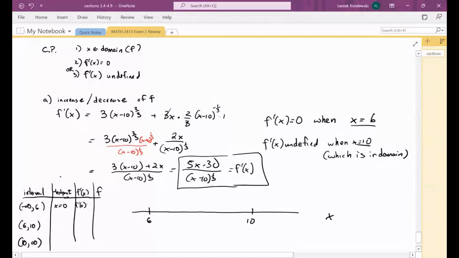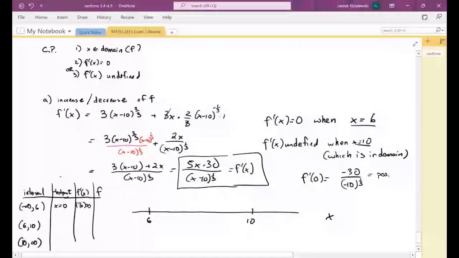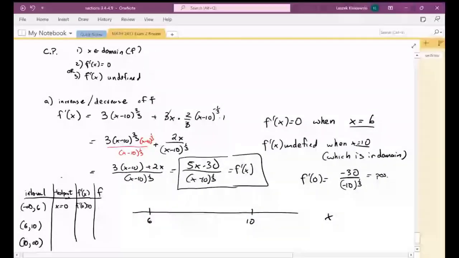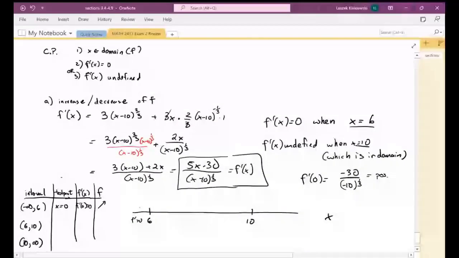Cube root of a negative number is negative. So that's going to be a negative divided by a negative, which is a positive. So this means our function is increasing. So f prime is positive, therefore f is increasing.